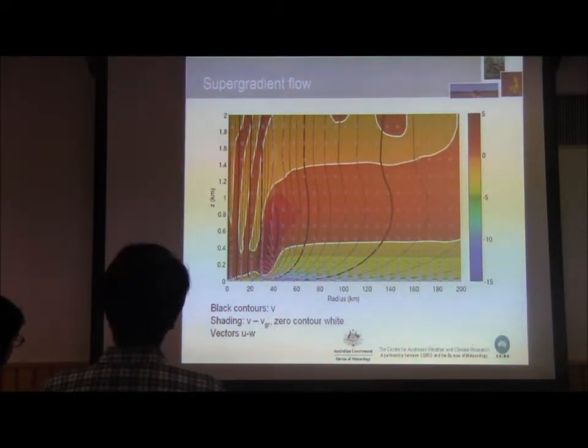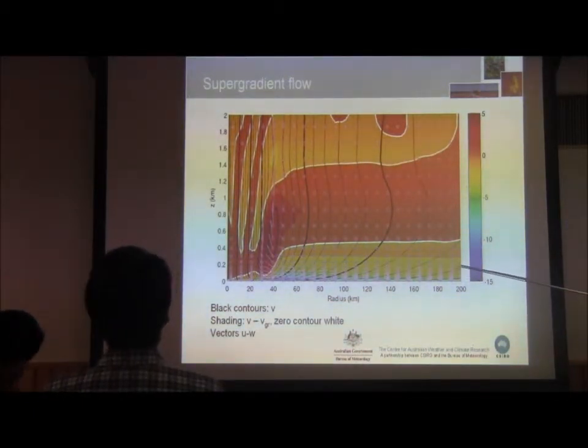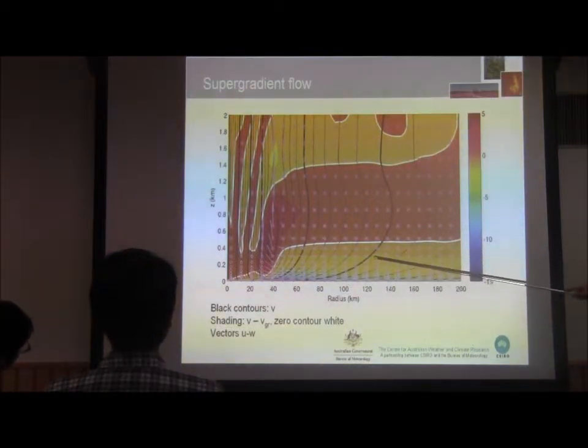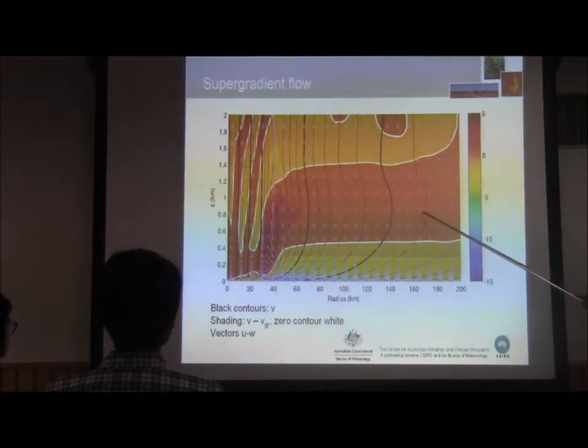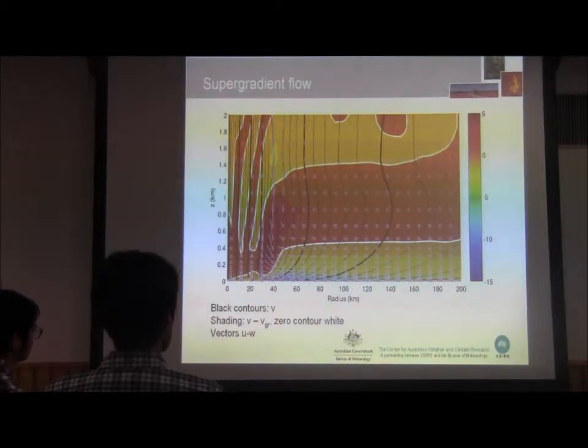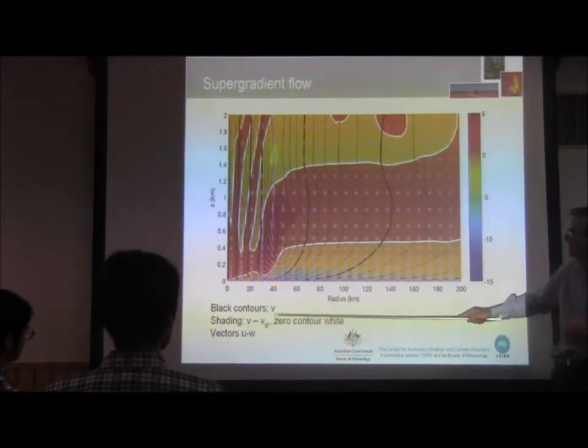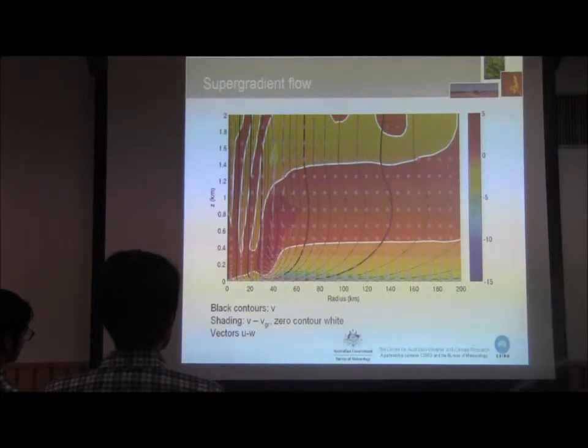This is the same simulation again, except plotted slightly differently. So the black contours are the azimuthal flow. We've got the pink arrows again showing the radial vertical flow vectors, but this time the colour shading is the supergradient flow. So it's V minus VGR, and the white contour is the zero contour of that field.